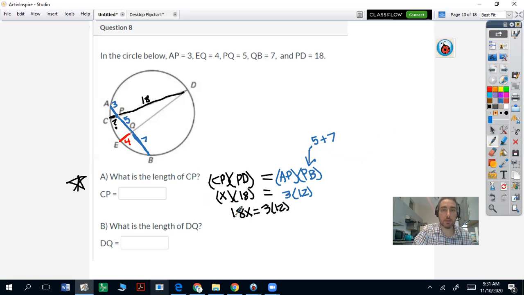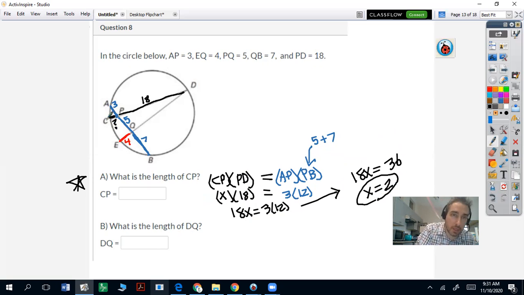So 36 is equal to 18X. And 36 divided by 18 is 2. So CP, that little guy there, is going to be 2.